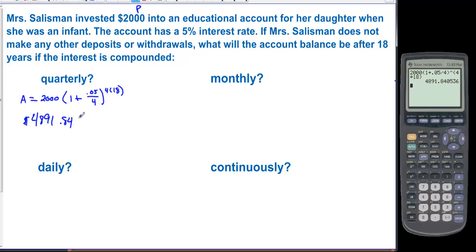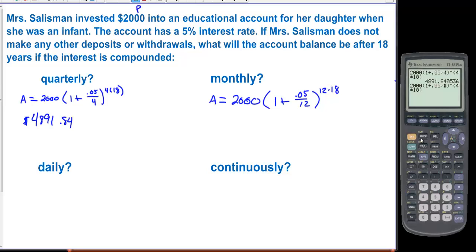$4,891.84. Now with monthly, everything is the same except n is going to be 12. So we have 2,000 times 1 plus 0.05 over 12 raised to the 12 times 18. Well, we can go second entry, and then we can change the 4 to a 12.